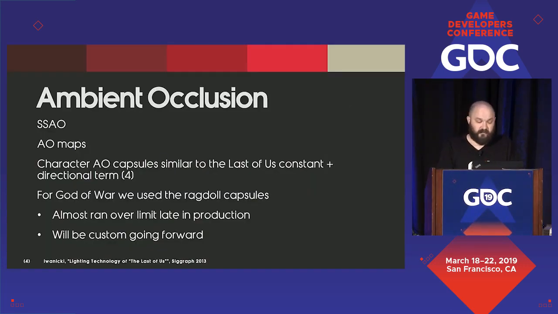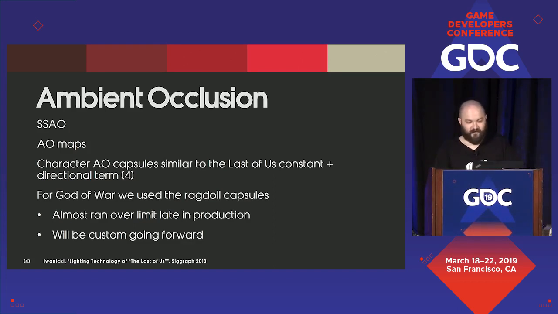So for ambient occlusion, we use obviously screen space AO, AO maps, and character capsule AO, like The Last of Us. And we used ragdoll capsules for those capsules, which worked reasonably well until we narrowly escaped blowing the limit at the end of the game when those sort of competing goals came at odds, where they'd add a ragdoll capsule to fix a popping issue or something, and then suddenly we're out of budget.